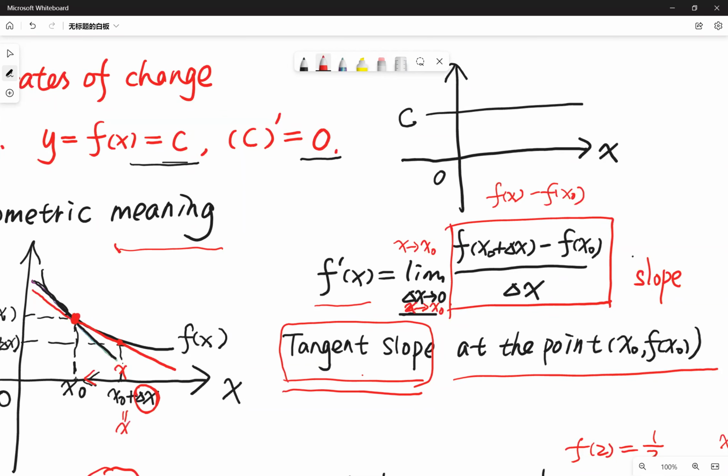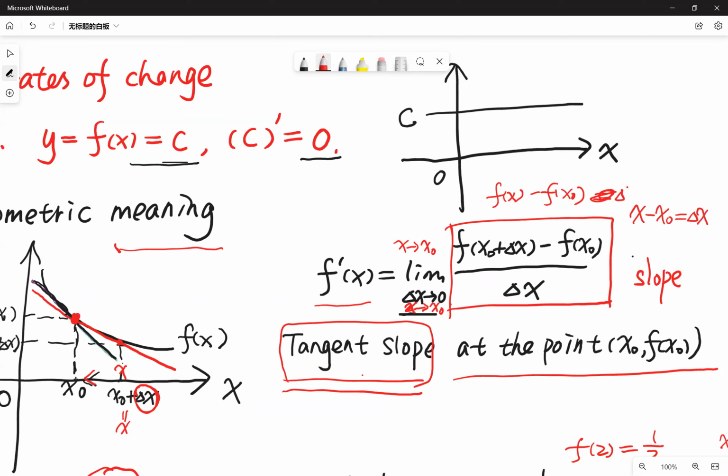So this is x, and the difference between x and x0 is delta x here.